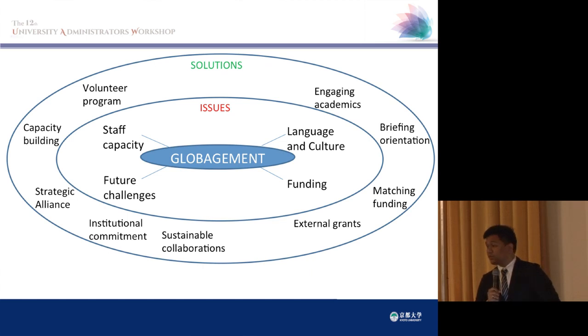And then next is the volunteer program. This comes to the student exchange programs. For example, in our university, our past exchange students, we kindly ask them to assist us in some of our events and activities for the new exchange students, either incoming or outgoing. Aside from this, they also serve as student ambassadors that represent our universities as well.